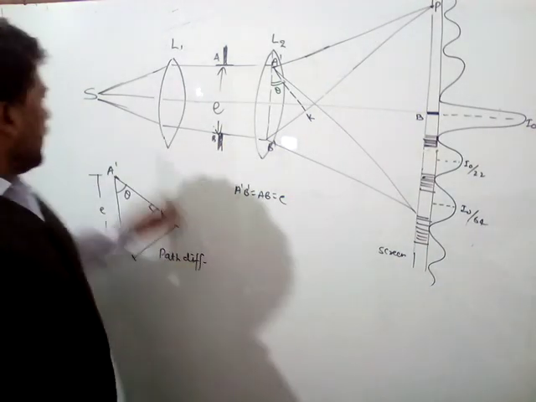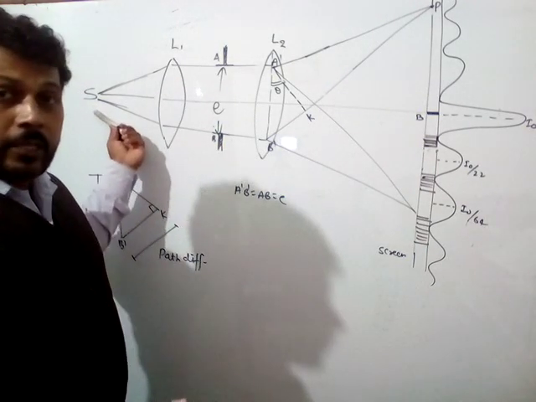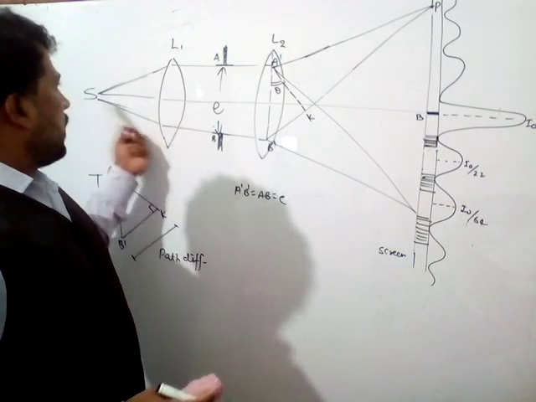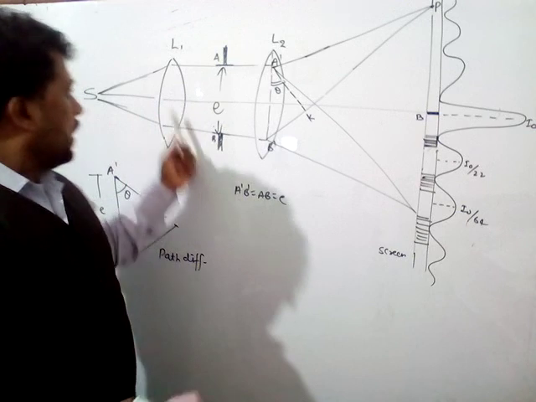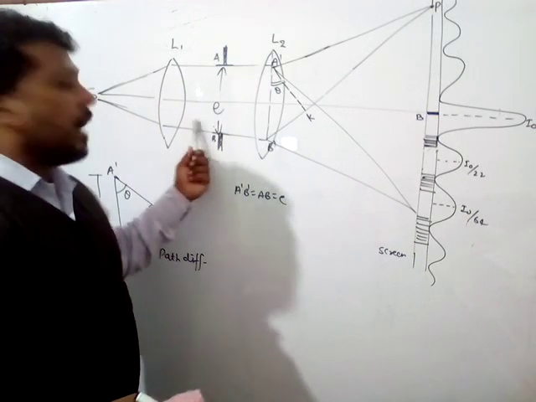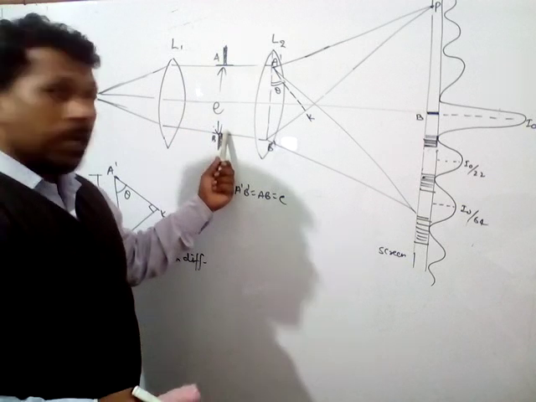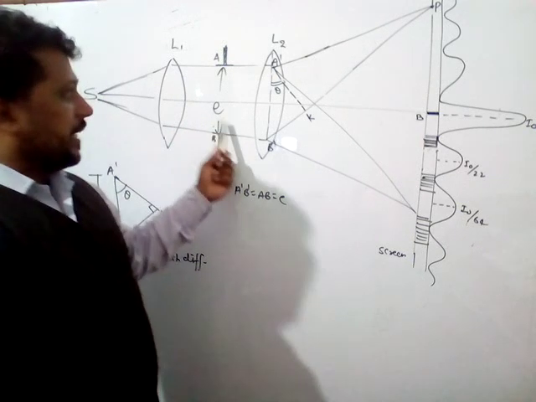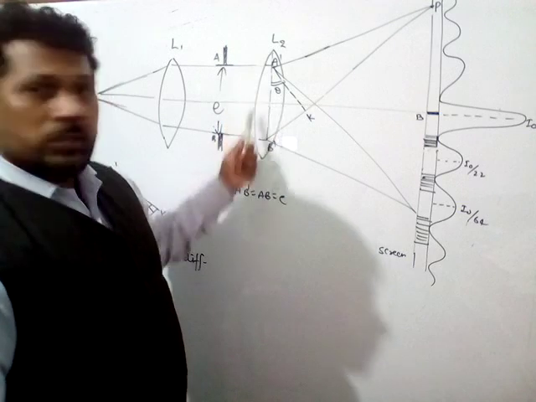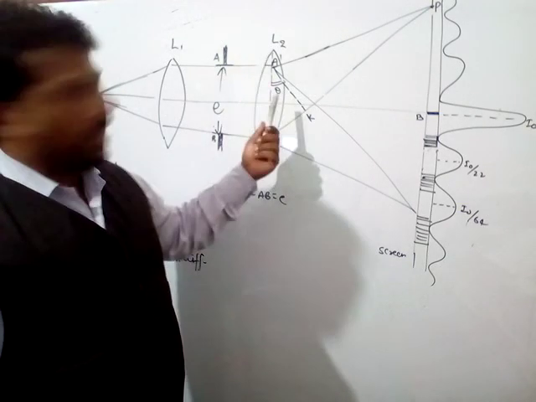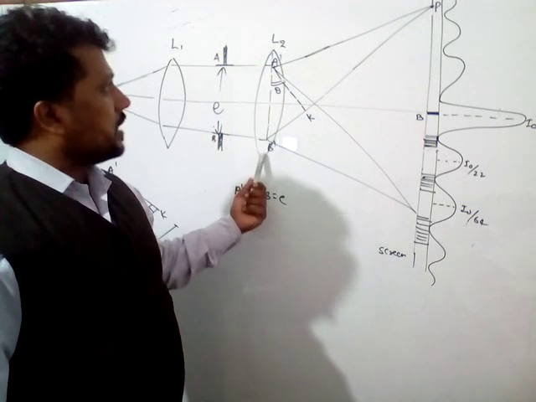So this is the path difference, and this is angle theta, and this side is small e. Here this is a monochromatic source of light, and monochromatic waves fall on this convex lens L1, and after that pass through the hole, and these parallel waves fall on this hole AB, whose size is small e. After that it is diffracted, so here again we use a second convex lens L2, since this is Fraunhofer diffraction.